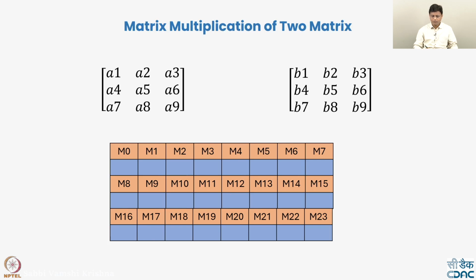Now, let us suppose I have to perform the matrix multiplication of two matrices. The size, as you know, is 3 by 3 and 3 by 3. When we perform matrix multiplication, we know that a row of one matrix should be multiplied with a column of the other matrix.